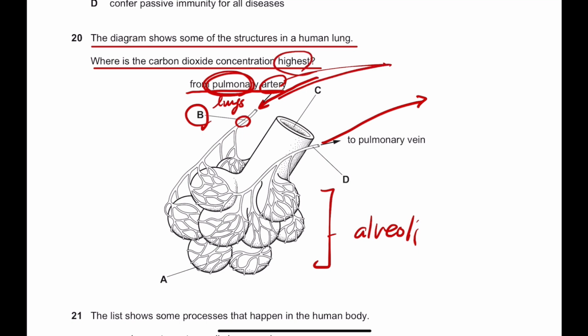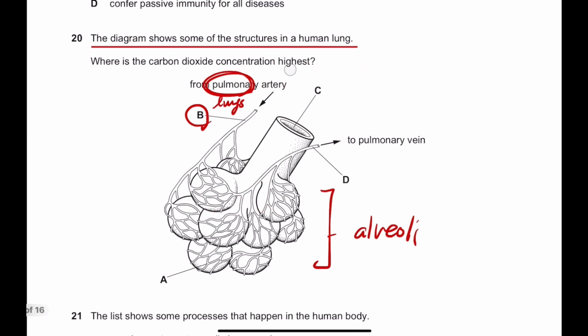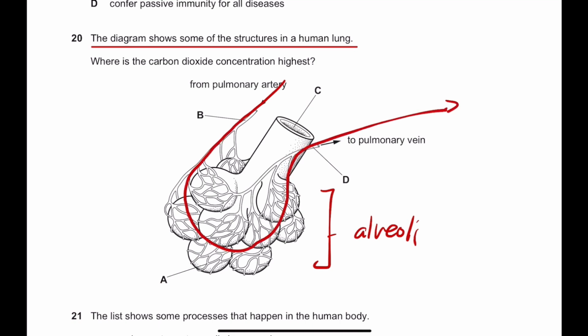Blood flows in to get rid of the carbon dioxide and to obtain more oxygen. B has a lot of carbon dioxide first, and as soon as it travels and goes out, the carbon dioxide in the blood has decreased a lot. So B is the right answer for this one.